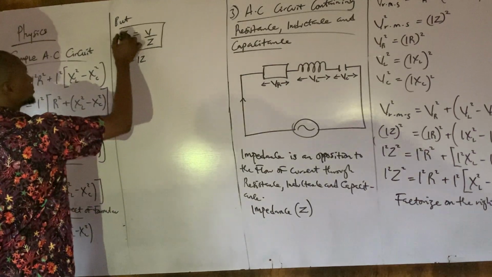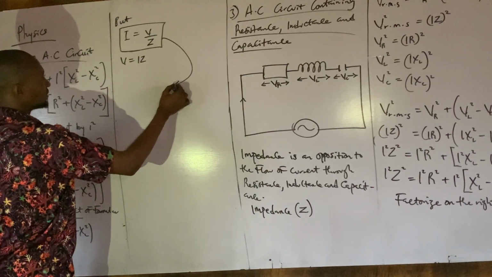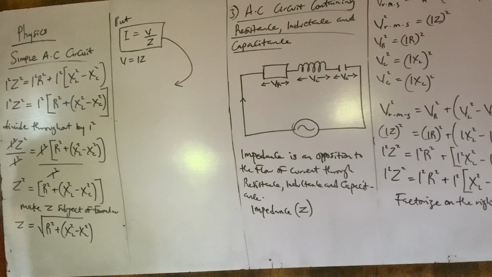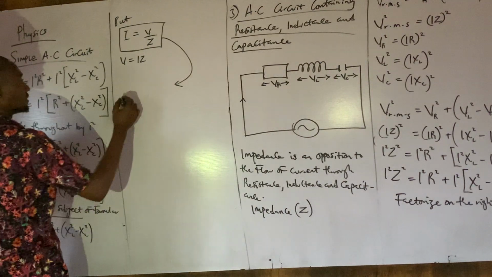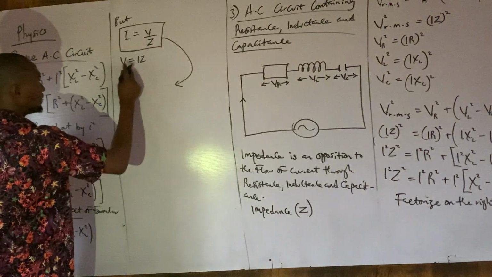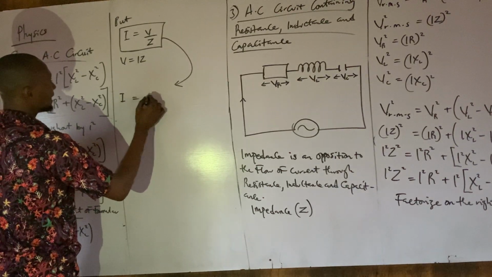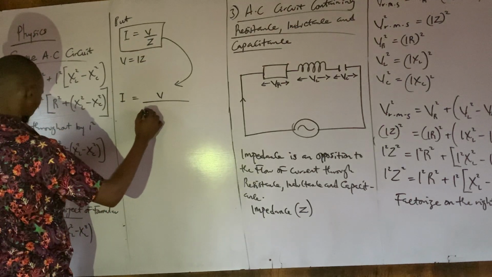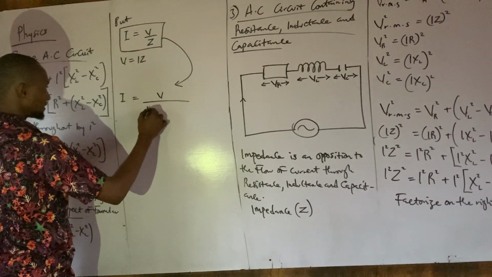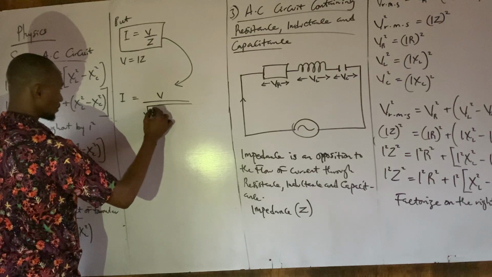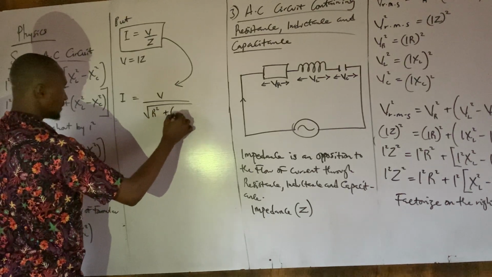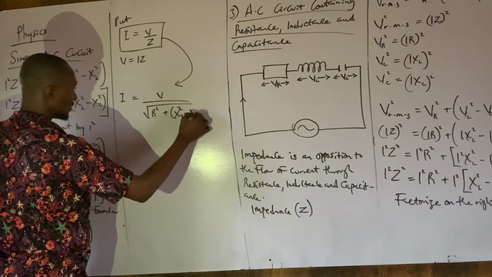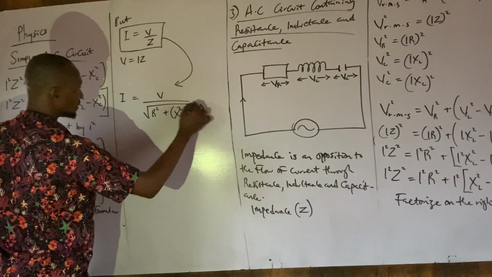But this is what I want us to learn. So from here now, we can say that V is equal to IZ. We can say that I is equal to V over Z. What is our Z? Impedance, that is root of R squared plus (X_L minus X_C) squared.